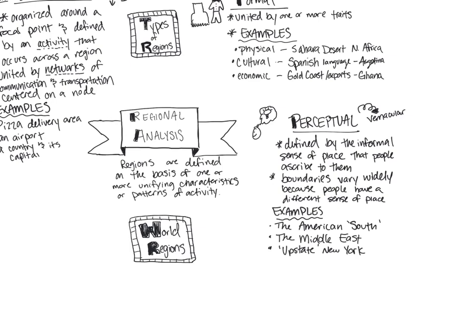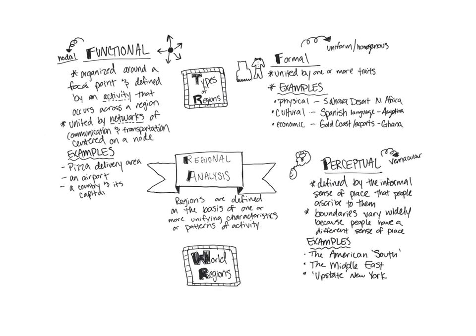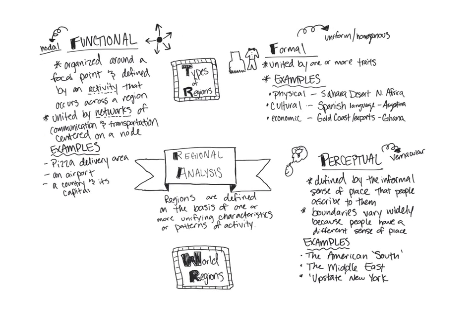That's what it can come down to, so those perceptual regions are harder to define. All right, so those are our three types of regions: formal, functional, and perceptual. I'm going to draw lines to all of these so that you know, okay?